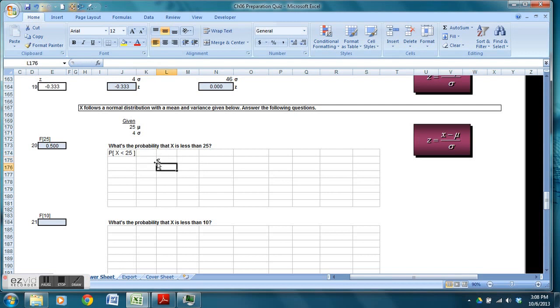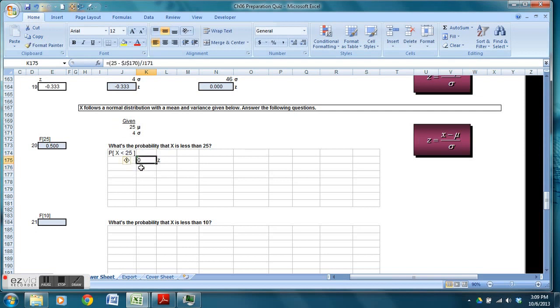So here's our z-score, and that's going to be equal to x, which is 25, minus the mean, divided by the standard deviation. There's our z-score right there.